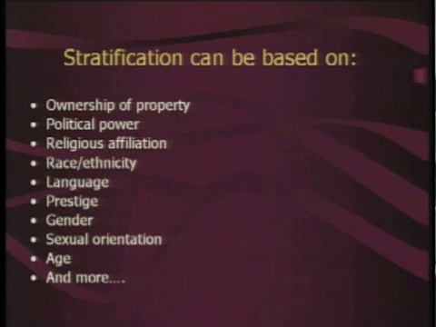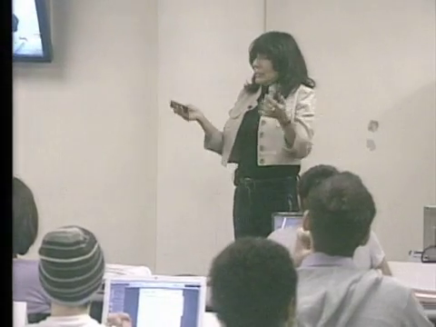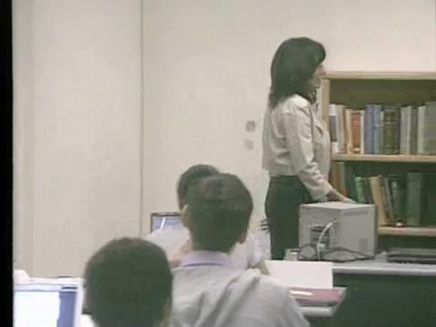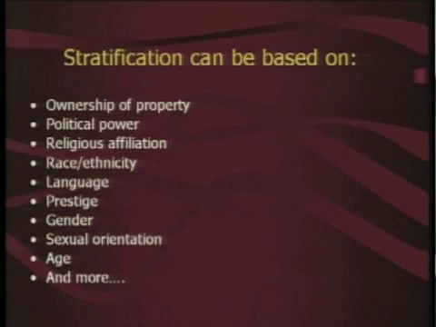And what is the ideal that we look up to in terms of age? Yeah. Youth, absolutely. And therefore, anybody who is not a youth, and we hit our prime when we are in our 20s, maybe 30s, and after that, it's downhill all the way in terms of stratification. These are just some of many different ways that we stratify.